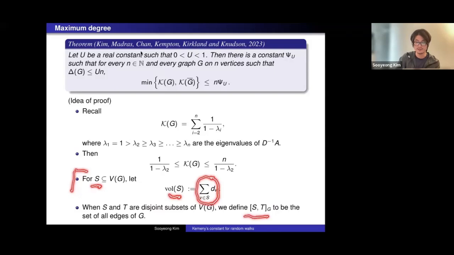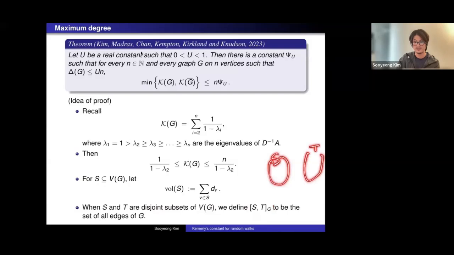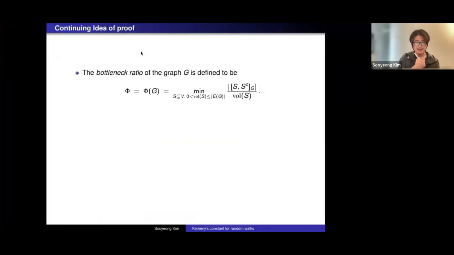When you have two disjoint subsets in your vertex set, then this bracket of S and T means the set of all edges between S and T. We collect those edges and denote it by this notation. And then for that, I'm going to define this ratio.